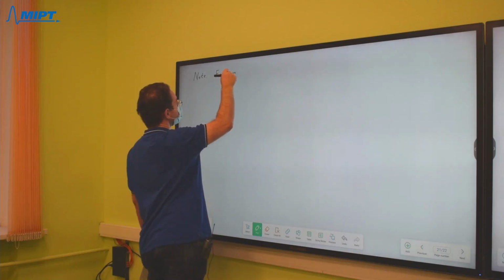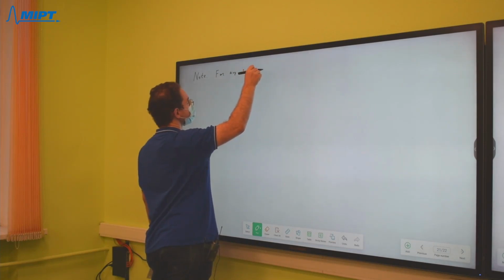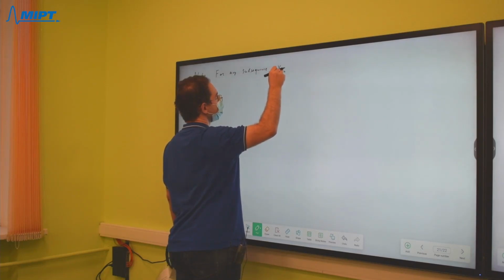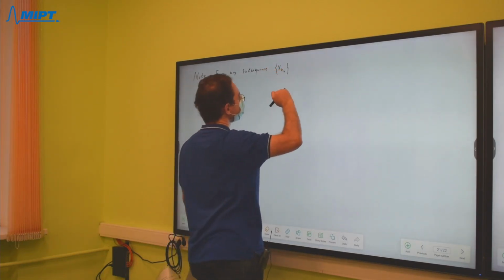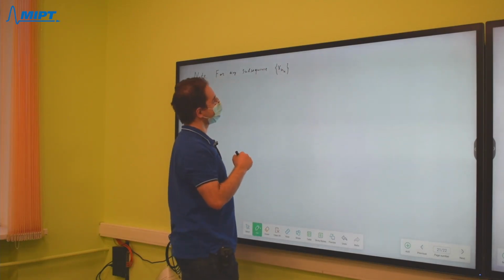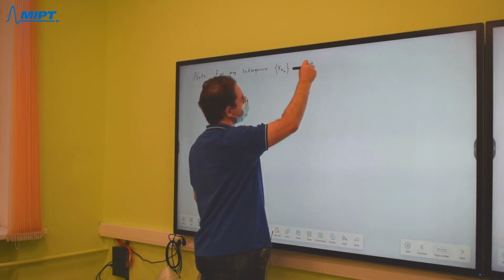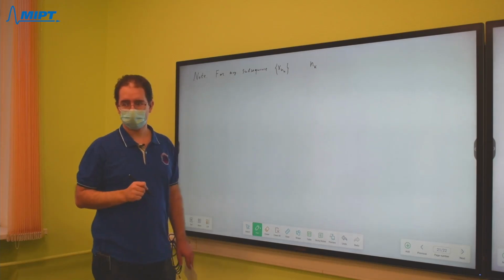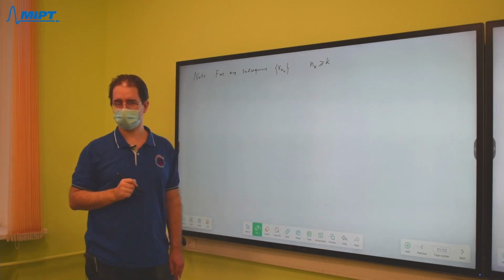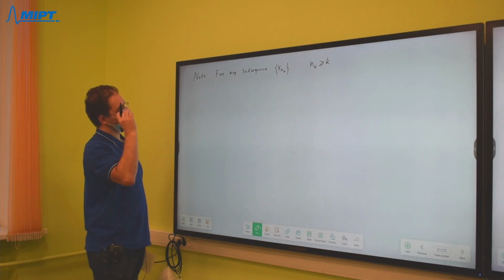For any subsequence x_{n_k}, the indices of this subsequence n_k are always greater or equal than k for any k. I will briefly remind you how we proved it.